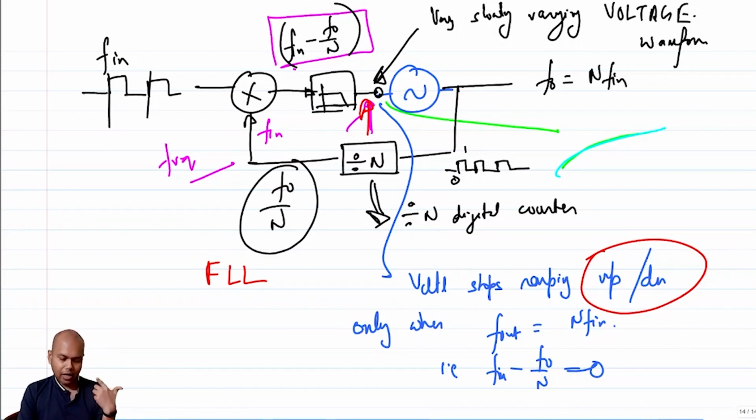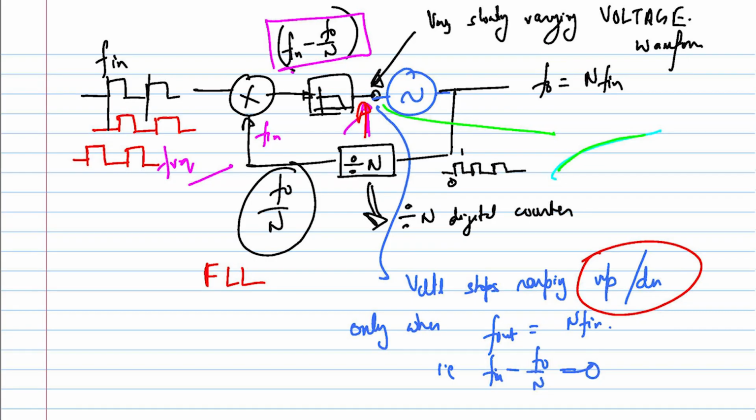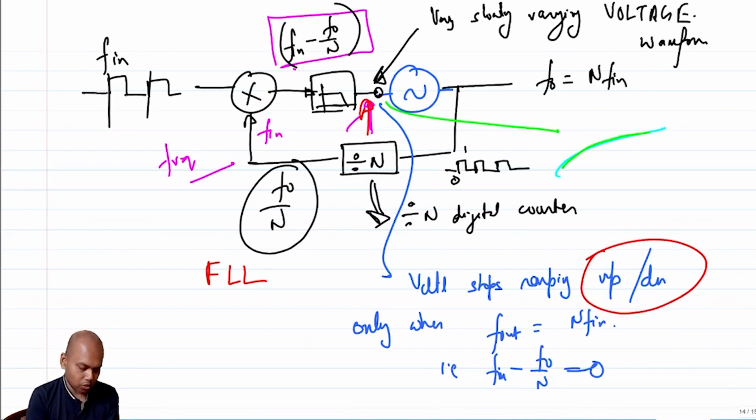Now there is another version of this that is called a PLL, which is a phase lock loop. And what does a phase lock loop do? Just like in a frequency lock loop you are locking the frequency, in a phase lock loop you lock the phase, right? So here there is no constraint between what will be the phase of F_in and what will be the phase of F_naught by N. What I mean is that your F_naught by N can be like this, or it can be like this.